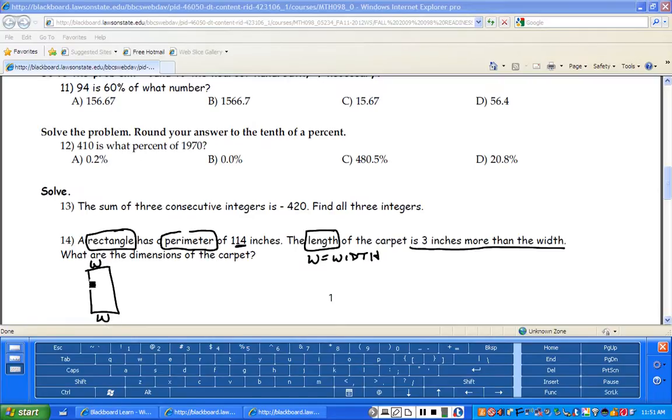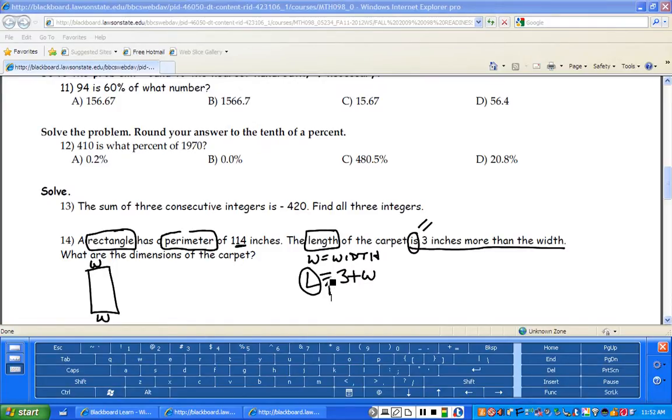Now, as far as the length of the rectangle goes, how long it is, the problem says the length is 3 more than the width.